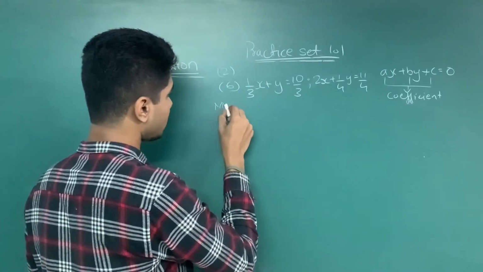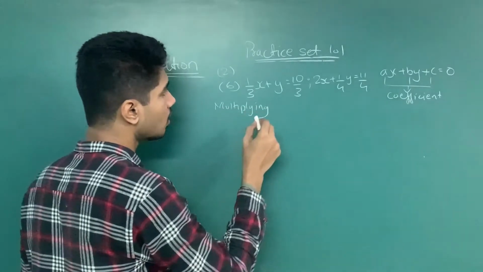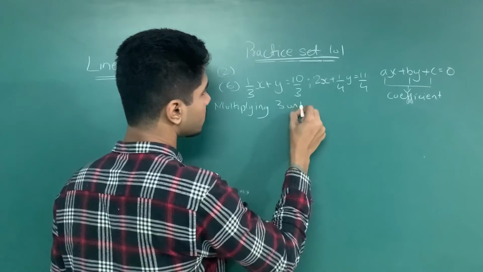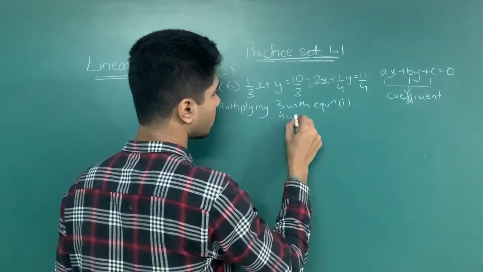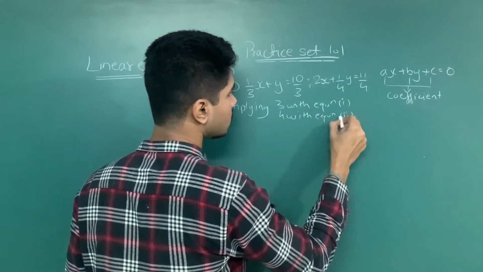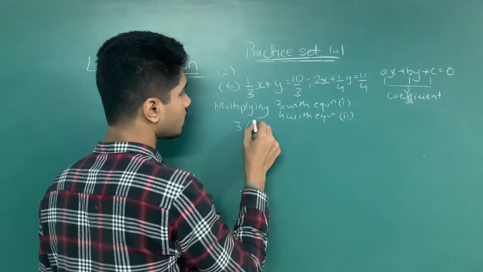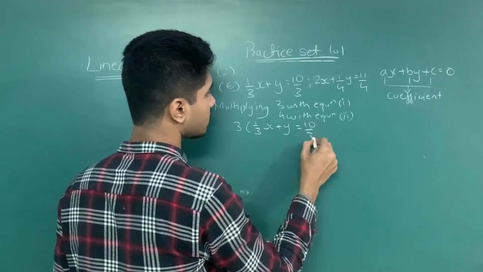So multiplying 3 with equation 1 and 4 with equation 2. So 3 into 1 by 3x plus y is equal to 10 by 3.